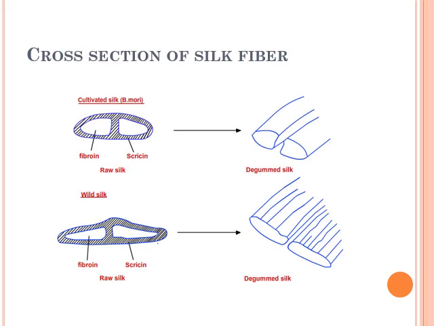So the fiber length to breadth ratio is 2000 to 1. It is off-white to yellow in color.